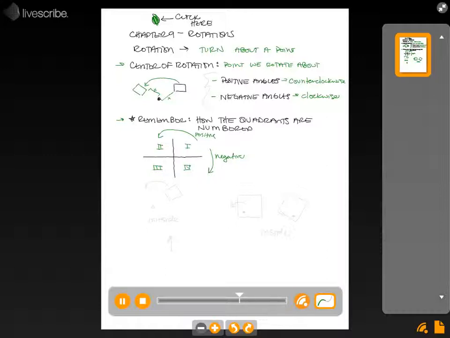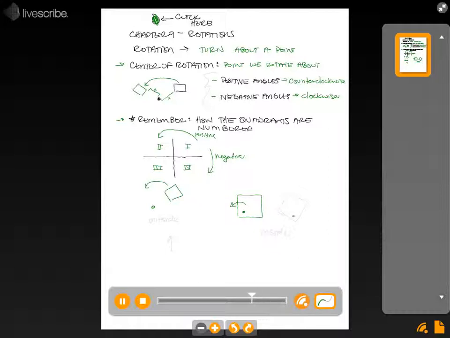One other thing real quick is that your center of rotation could be inside the figure. Here is an example where it's outside, and we would rotate that way. If for some reason our point is inside, and we want to rotate it, what happens is that the figure just shifts about that point.